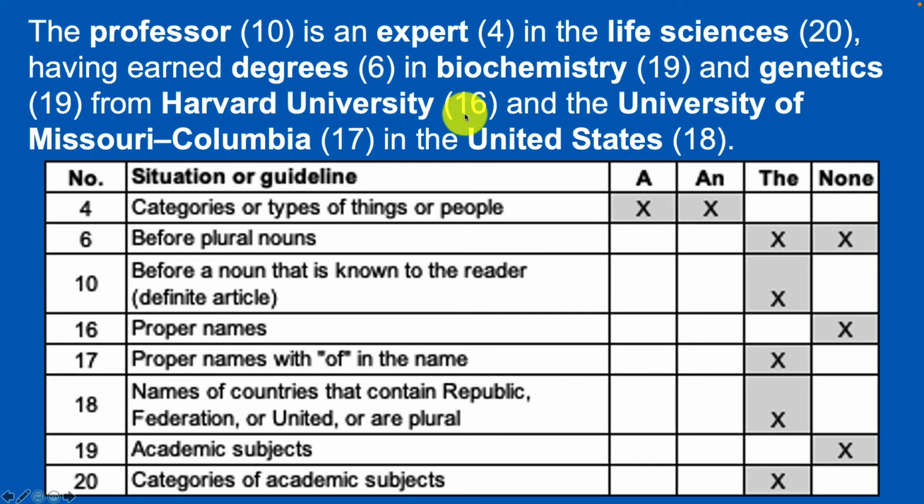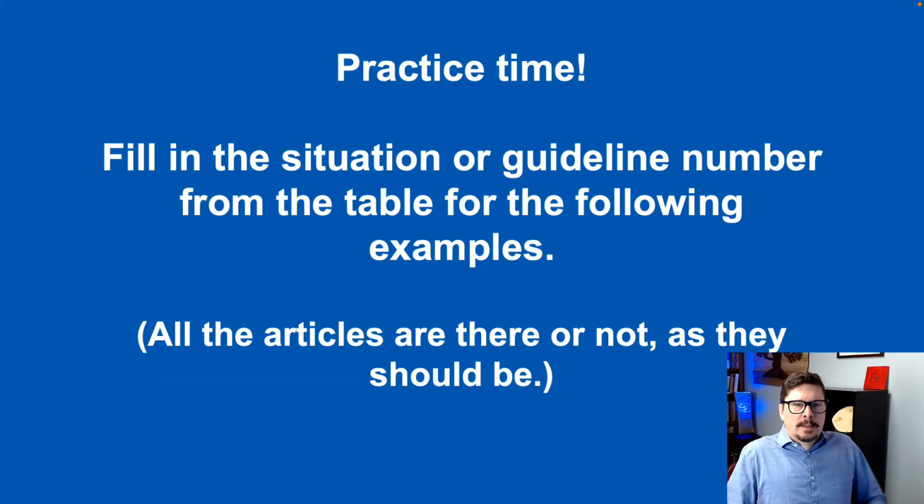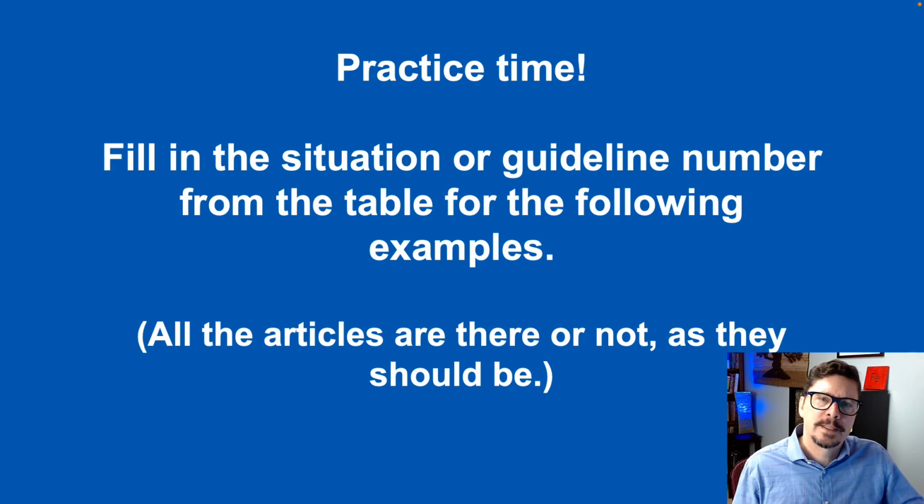But University of Missouri Columbia does have of in the name, so it does need an article. It needs the, and that's rule number 17. And then the United States, instead of just United States, because of rule number 18, names of countries that contain United use the. Okay, I hope all of that made sense to you.